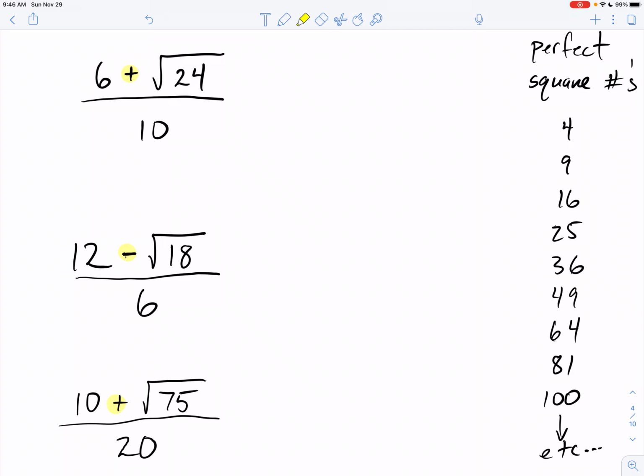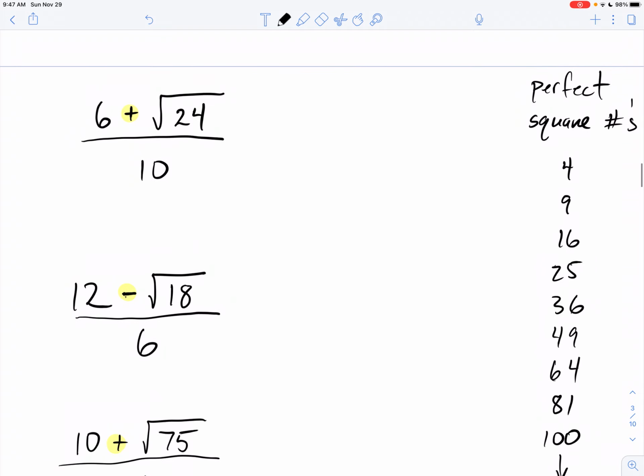So here we go. The first step in cleaning up a number that looks like any of these is to simplify the radical. So what I'm looking for is, and I'm going to go down a little bit, the number under the radical is 24. I branch it off.